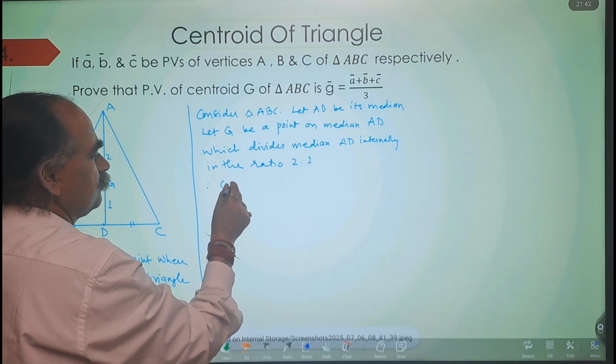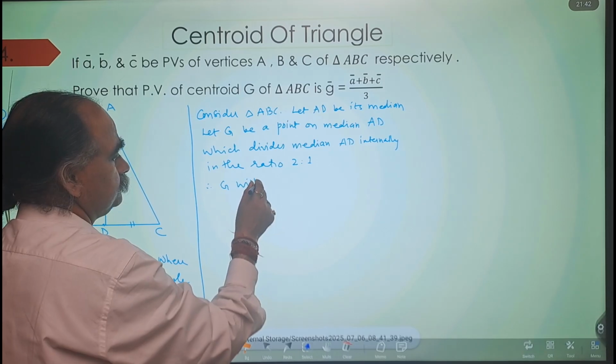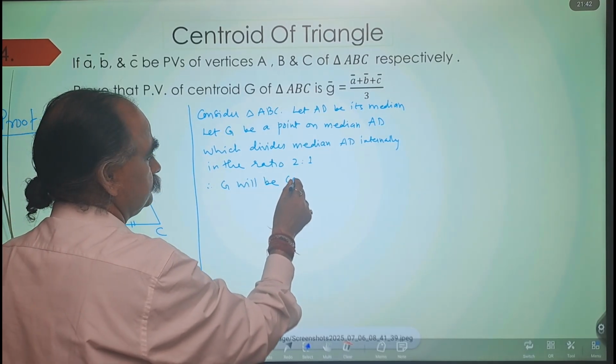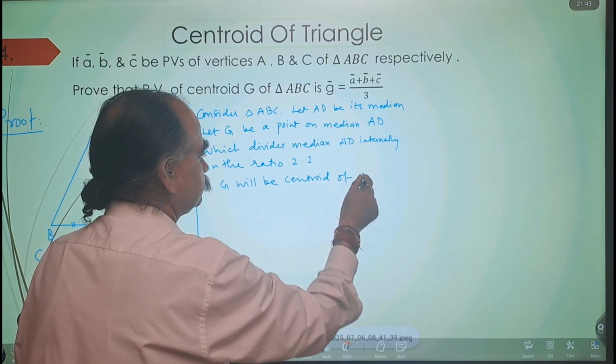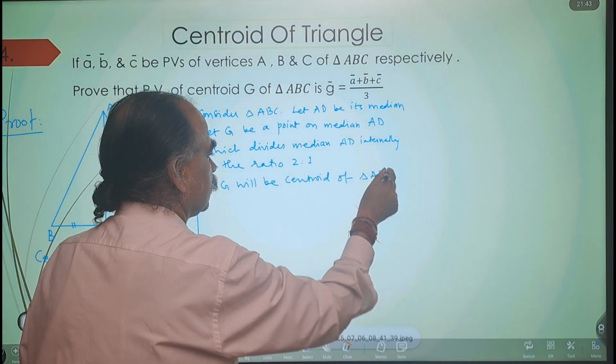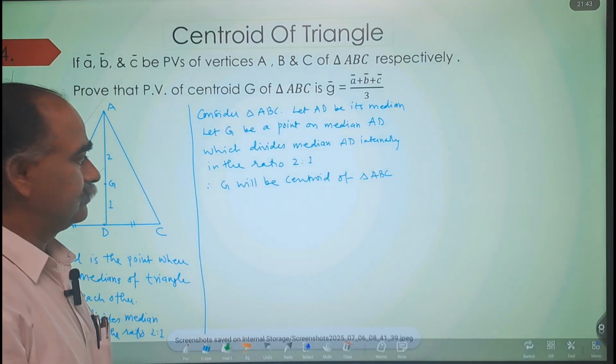Therefore, G will be the centroid of triangle ABC.